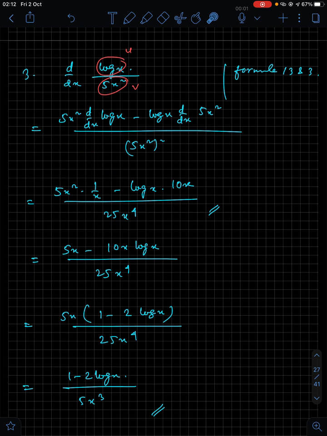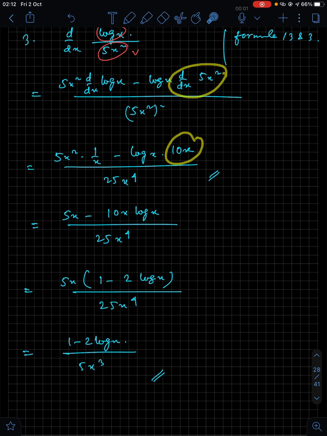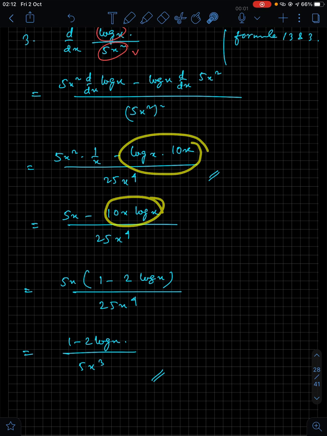Okay, so in the denominator you get 25x to the power 4. In the numerator d/dx of log x gets you 1 by x and d/dx of 5x square gets you 10x. Okay, so after calculation you'll get 5x square into 1 by x will get you 5x and in the second term is 10x log x.